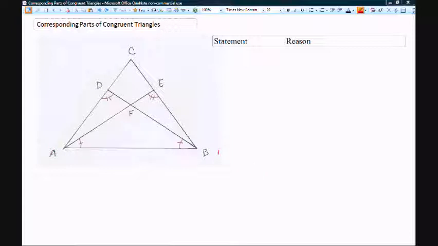The other way that you can look at it is that you can have two triangles inside the bigger triangle: triangle ADB and triangle BEA.